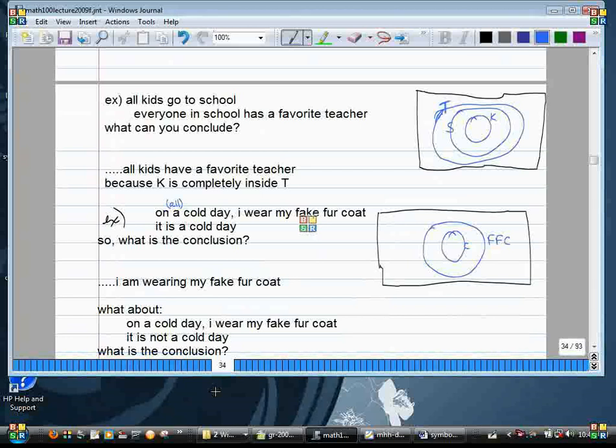Is it possible to have a day that is not cold where I'm wearing my fake fur coat? Look at the picture. Is it possible to have a day that is not cold where I'm wearing my fake fur coat? Yeah. Okay.